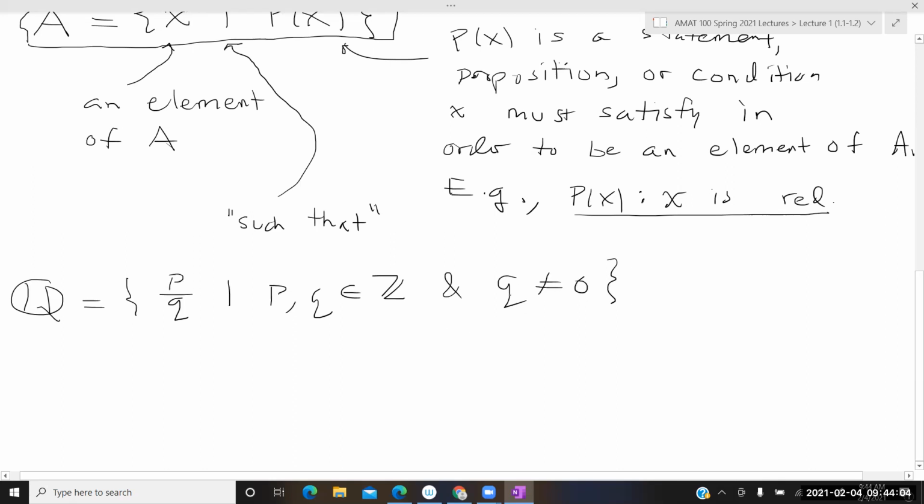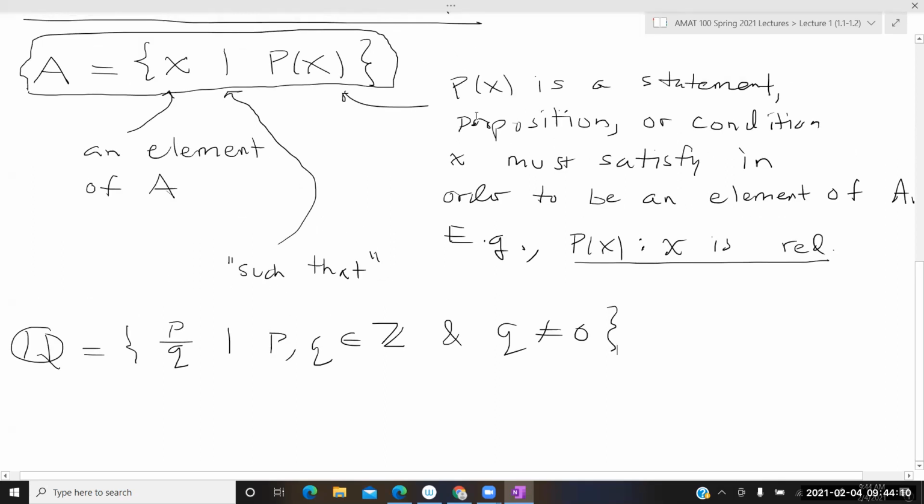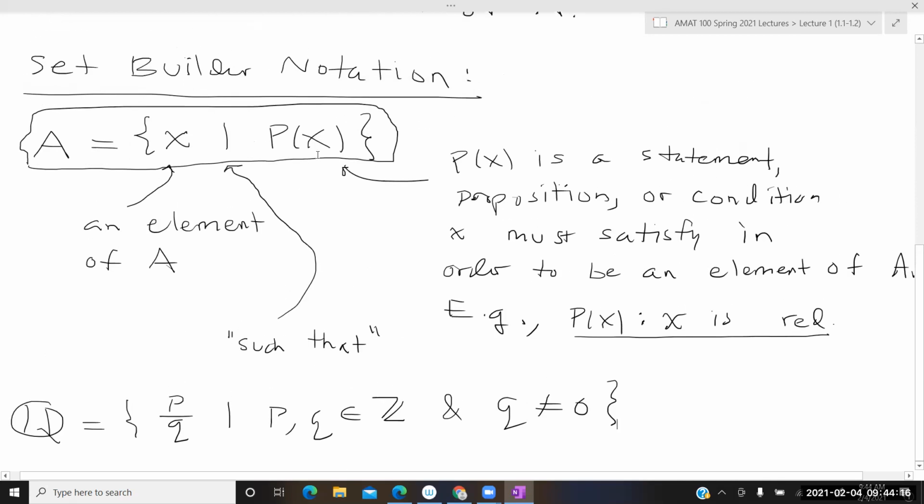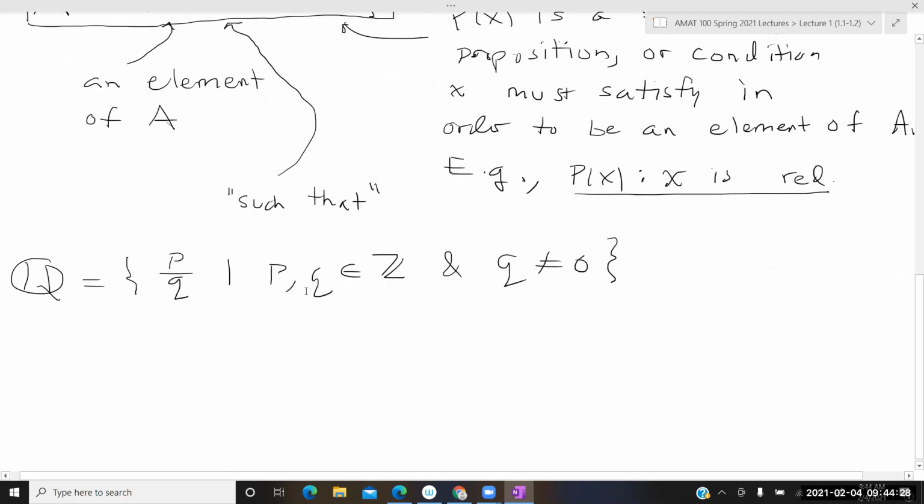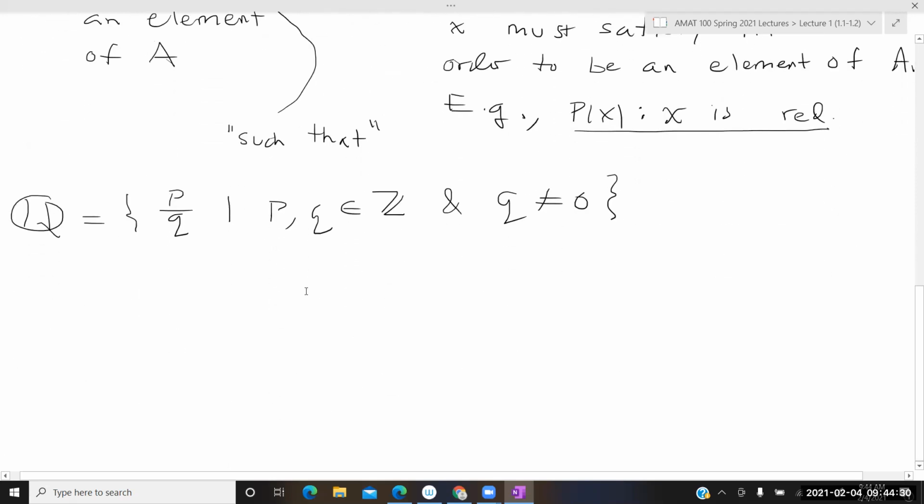In the first case, I presented a simplified version of the set builder notation, because I only had one variable x, and the proposition depended on just that one variable. But as you can see in the case of the rational numbers, you can have any number of parameters or variables you want. In this case, we have P and Q.